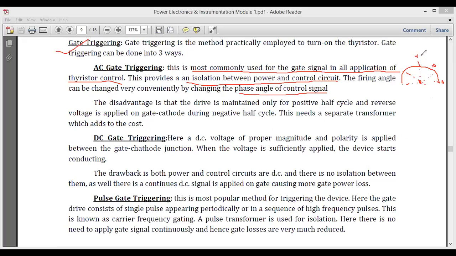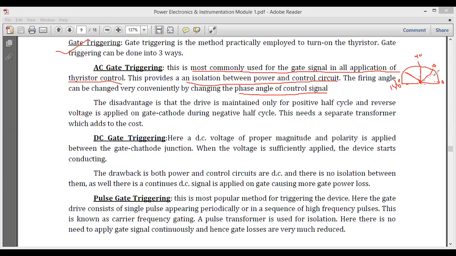This will be my 90 degree, and this will be my 180 degree. This is the phase control. Even at 0 degree I may not get the complete power, as I go on changing my firing angle. This is the angle in degrees. So the firing angle can be changed very conveniently by changing the phase angle of the control signal.